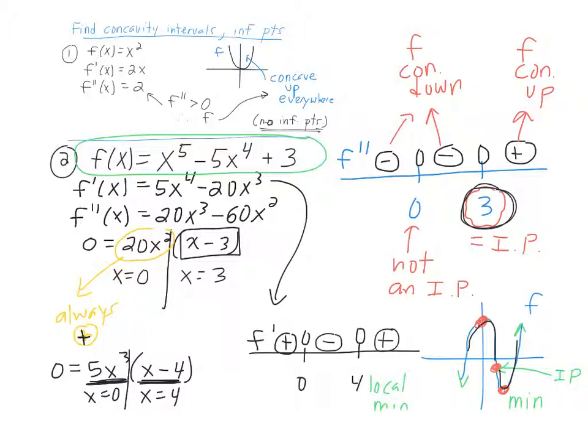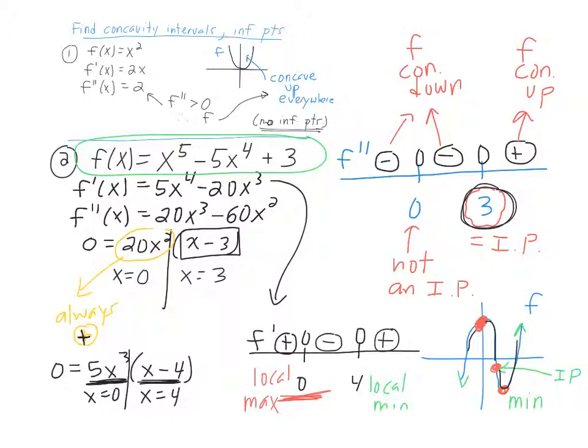And this other point at x equals 0, notice how it showed up on both of these sign diagrams. It shows up here on the first derivative sign diagram, and it is a local max because the first derivative is going from positive to negative. And that's supported by our graph. We can see it's a local max.